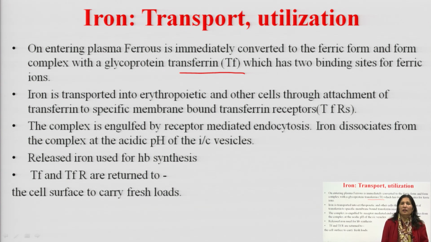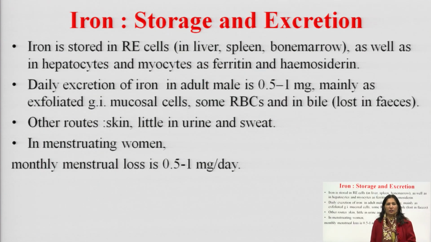So, this was the absorption, transportation and utilization, and now is the storage of iron. Iron is stored in reticuloendothelial cells in the liver, spleen, bone marrow, as well as in hepatocytes and myocytes, as ferritin and hemosiderin.